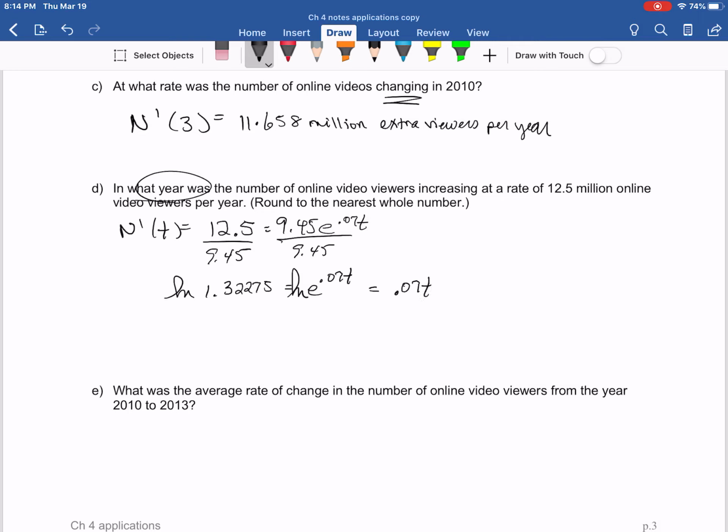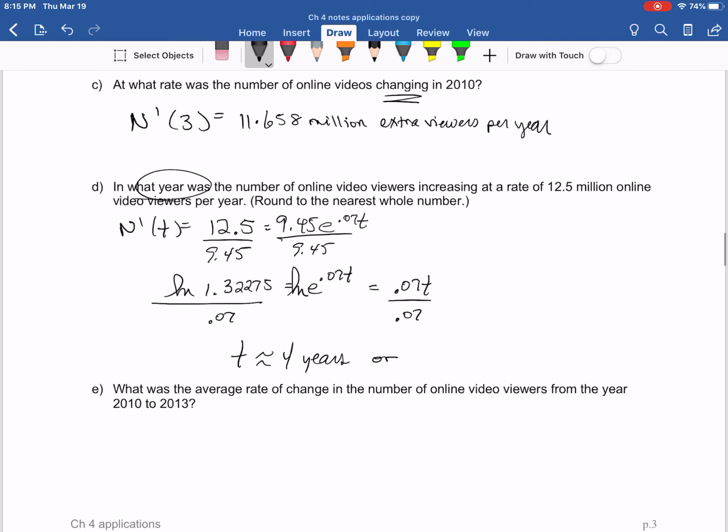The natural log undoes the e, and that leaves you with the exponent. And then I'm going to divide both sides by the 0.07. When I approximate this answer, it's going to be somewhere around 4 years. T is approximately 4 years after the start, which was 2007, or this is the year 2011.